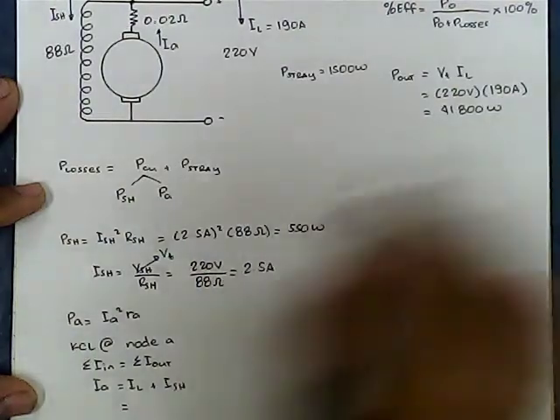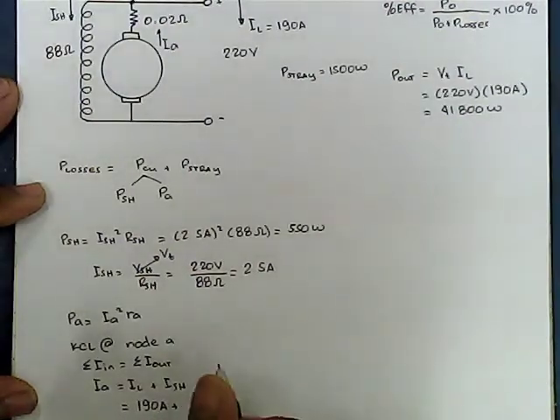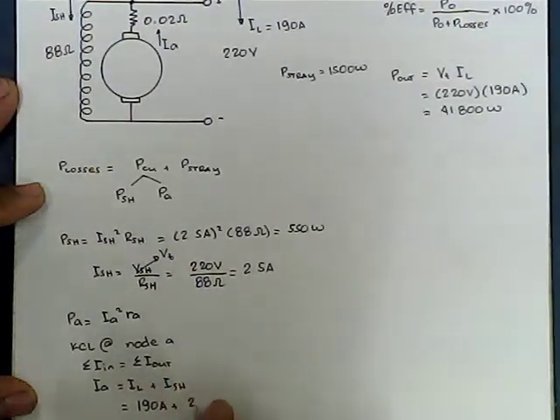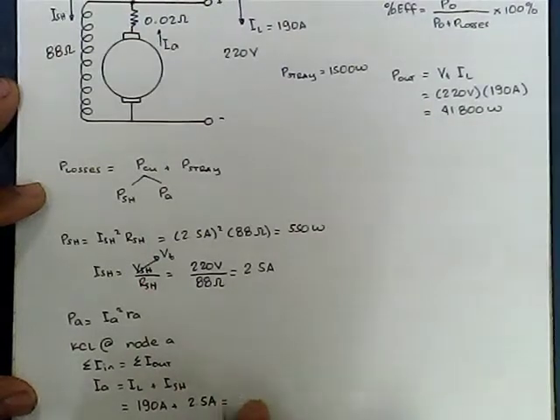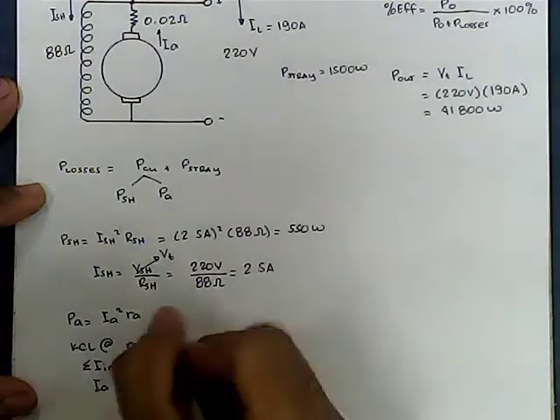Line current is 190 amperes. Plus, shunt field current is 2.5 amperes. This is 192.5 amperes. Substitute natin ito dito sa ating formula.